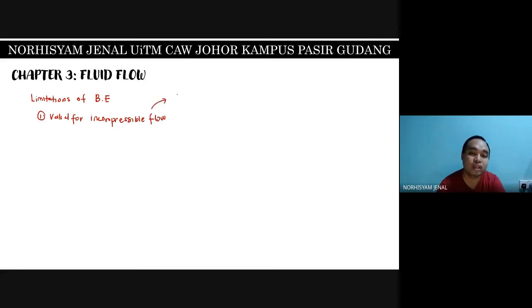It means we have no density change. Okay. All right. So number one, valid for incompressible flow. We assume the density of our study will not change at all. Water 1000 should be 1000 all the time.